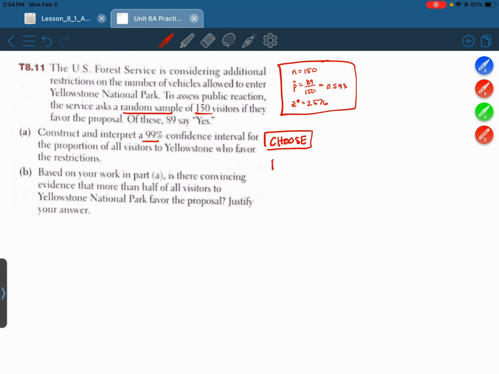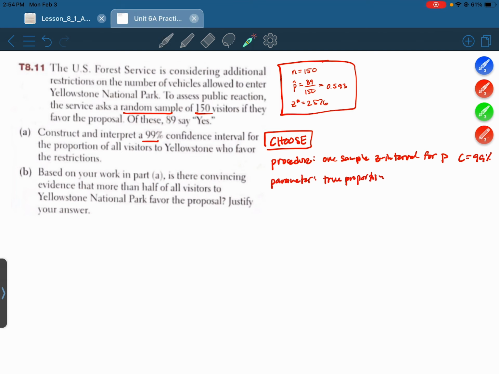The procedure that we are going to use here is the one sample z interval for estimating a true proportion. The confidence level is 99%, and the parameter would be the true proportion.